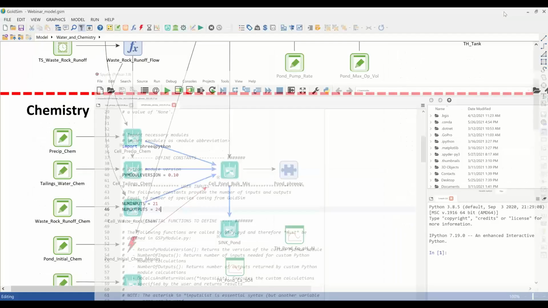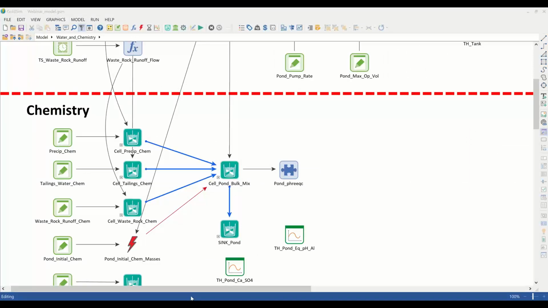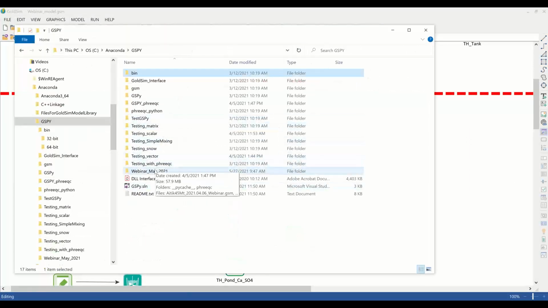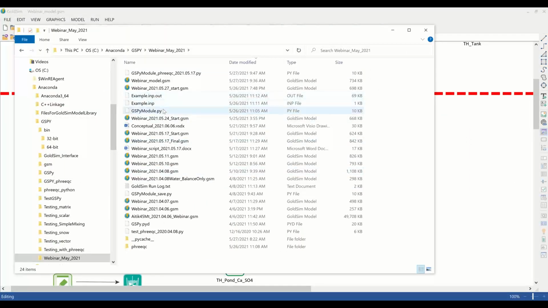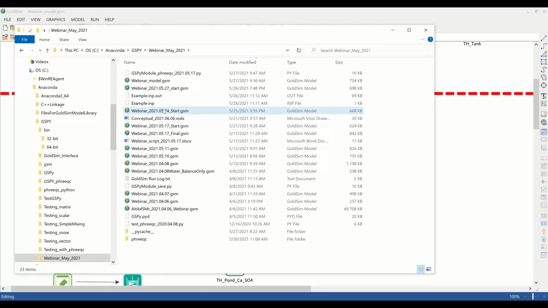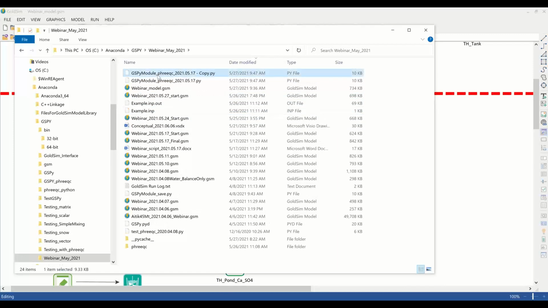And I have to now go to my file system and go in here. And I'm going to delete the original GSPy module, then copy this one and rename it to GSPy module, because of course this is the name that the dynamic link library will work with.